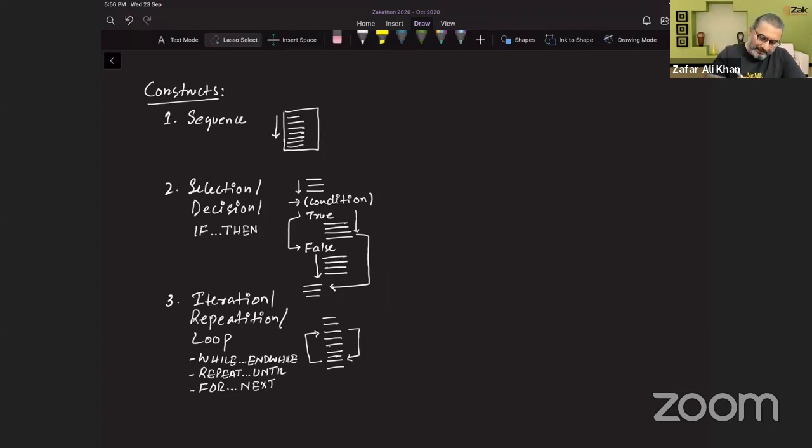So what is the construct? These are basic building blocks of a computer program.